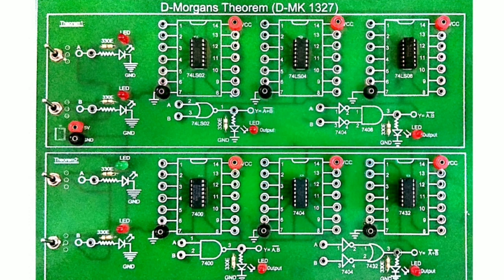And in this pin diagram which is represented here, pins 2 and 3 are the inputs to the left hand side, and pin 1 is the output that is to be connected to the IC below, the OR gate.